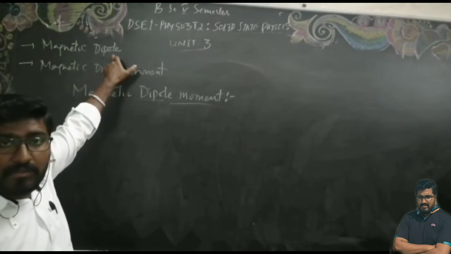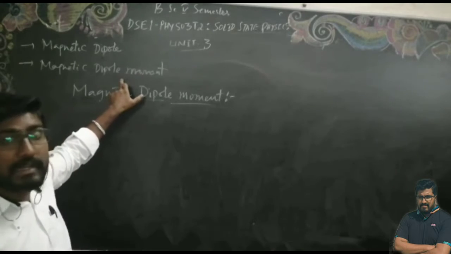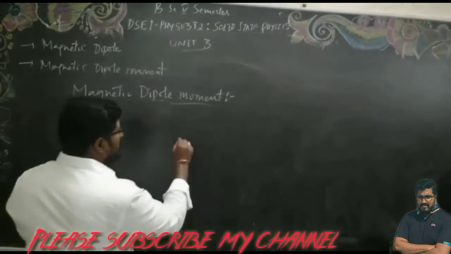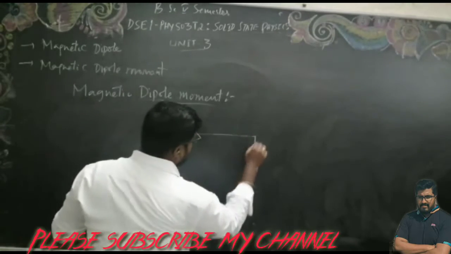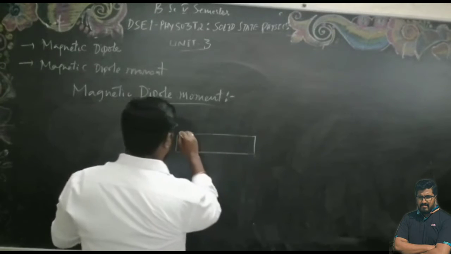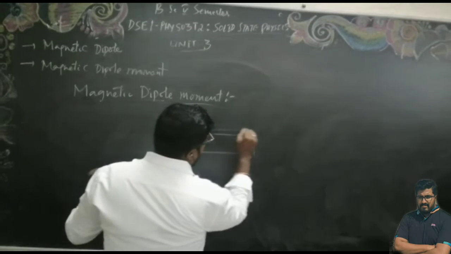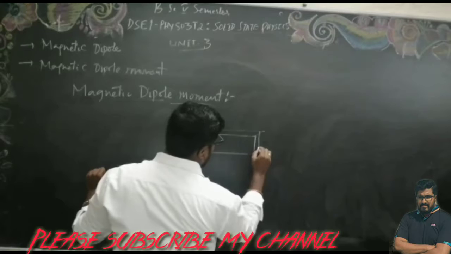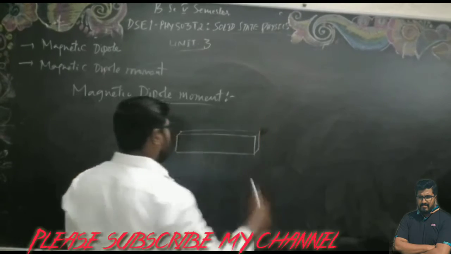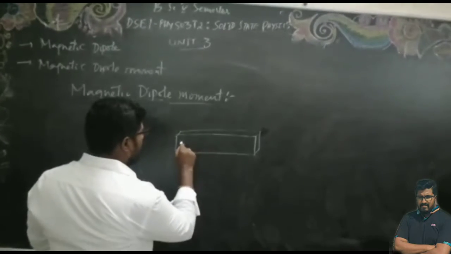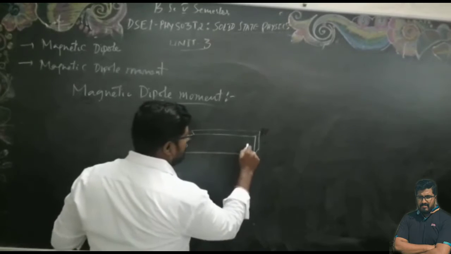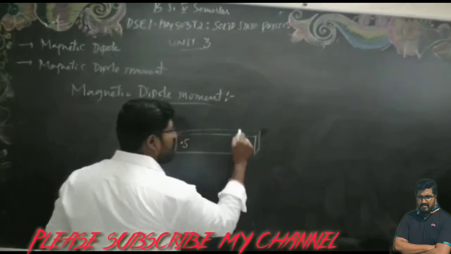Next we shall see the magnetic dipole moment. Magnetic dipole we have seen, now we shall see the magnetic dipole moment. So again I will consider the magnetic dipole, a bar magnet having the south and the north.